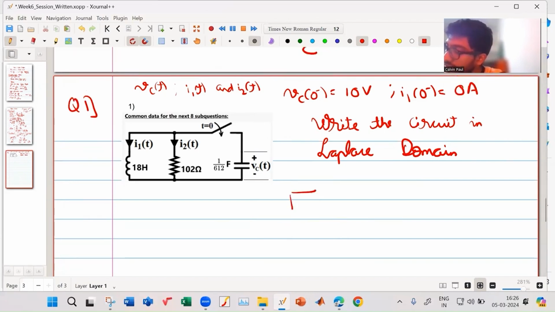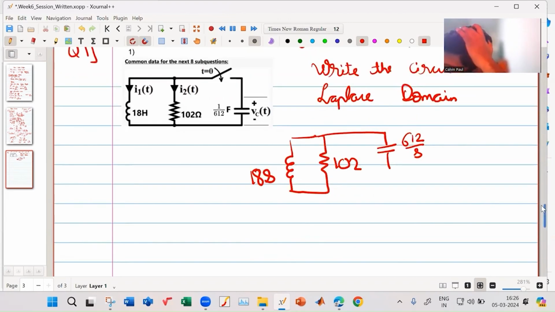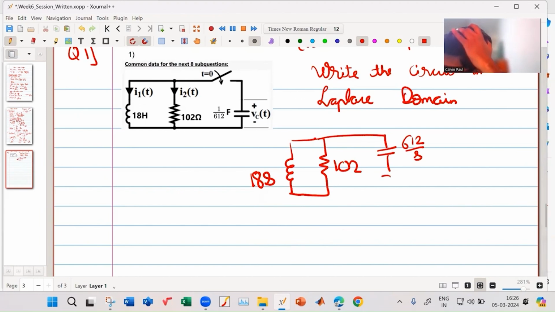I will get 18S for the inductor, 102 for the resistor, and 1 upon 612 S, that is 612 by S, for the capacitor.